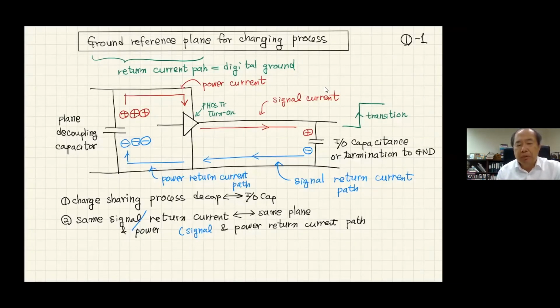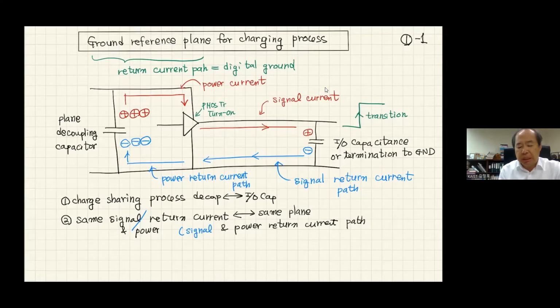Now, I would like to excite some imaginations of students. I'd like to give you some cases in which we have a different return current path. Sometimes we have a signal return current path and a power ground return current path.